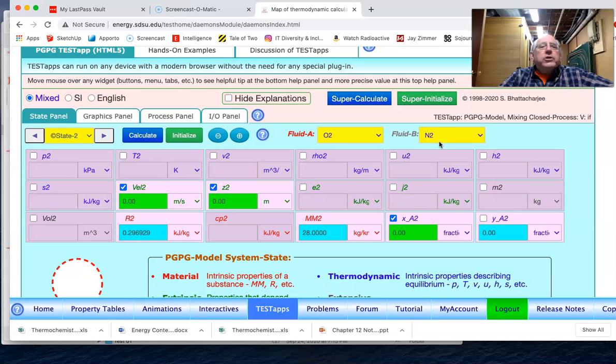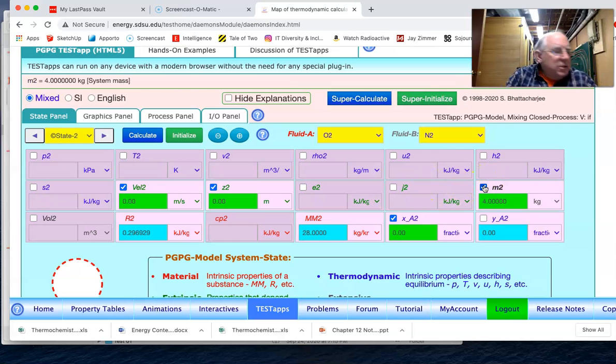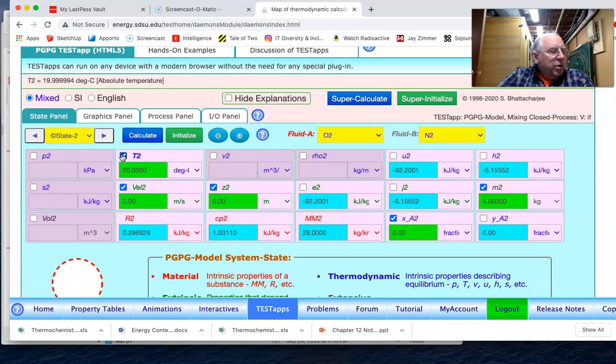We know there are 4 kilograms of nitrogen in this vessel, the temperature is 20 degrees Celsius, and the pressure is 180 kPa.